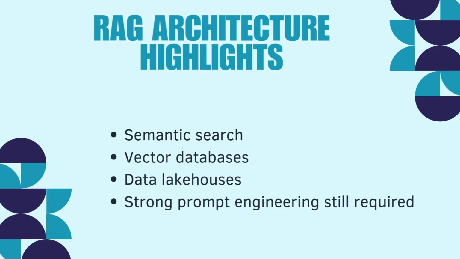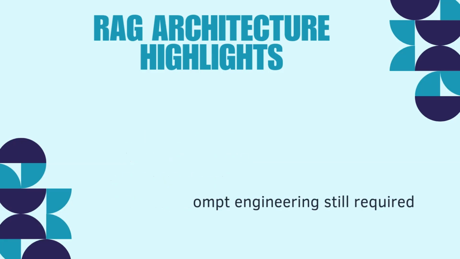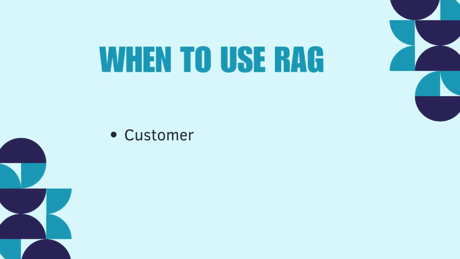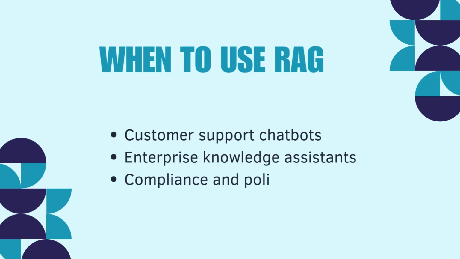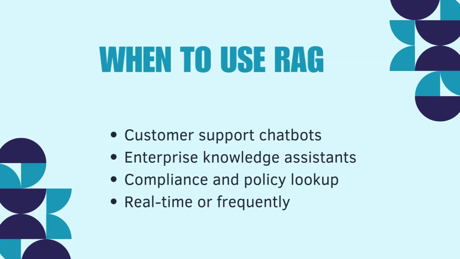Returning to our cooking analogy, if the model is an amateur home cook, RAG is like giving them a cookbook for a specific cuisine. By combining basic cooking skills with expert recipes, the cook can now prepare accurate and authentic dishes. RAG is ideal for customer support chatbots, enterprise search, compliance systems, and any application where accuracy and up to date information are critical.